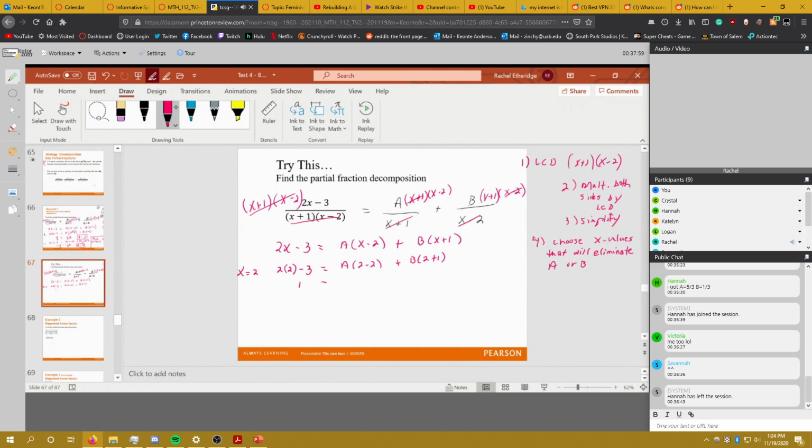So I get 1 equals, that goes to 0, 3b, divide by 3. So b equals 1/3.